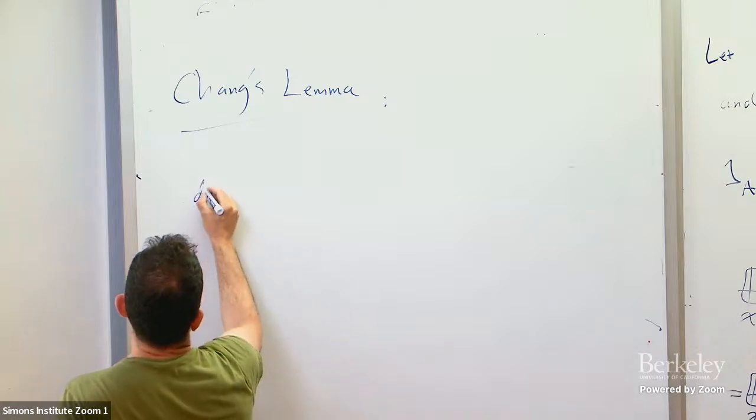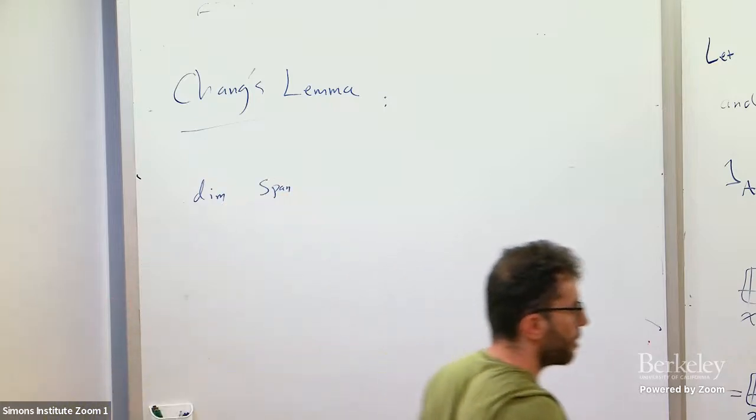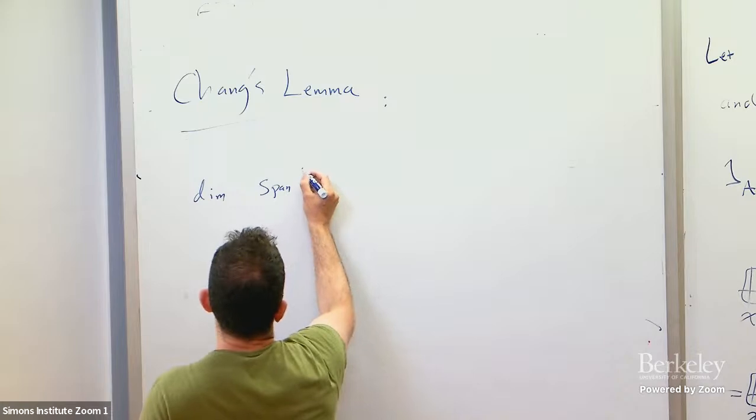It says the dimension of this set, I mean, we are in the dual group, which is also Z2 to the n, so you can look at the linear span of this set.